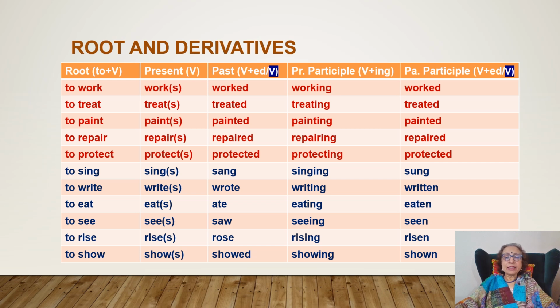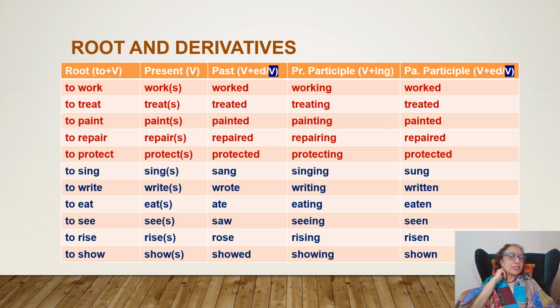Now the present tense has two forms, work and works. I have not written the full thing. I've just put s at the end. Then treat, treats, paint, paints, repair, repairs, protect, protects, sing, sings, write, writes, eat, eats, see, sees, rise, rises, show, shows.